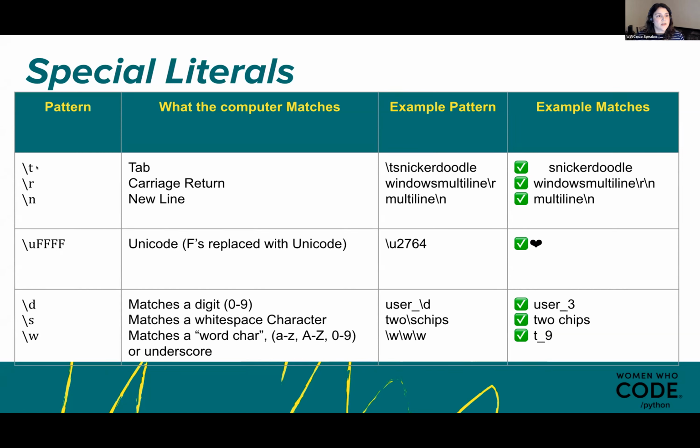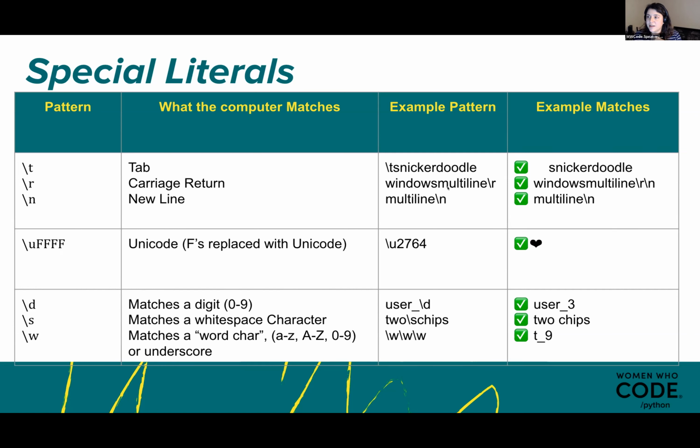So you can search for strings with a tab, strings with a carriage return, or strings with a new line. And an example pattern is going to look something like this. You literally put \t and then snickerdoodle. It's going to match a tab and then the word snickerdoodle. Carriage returns tend to be on Windows machines.